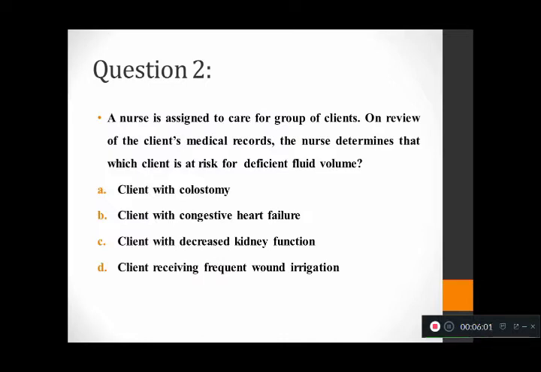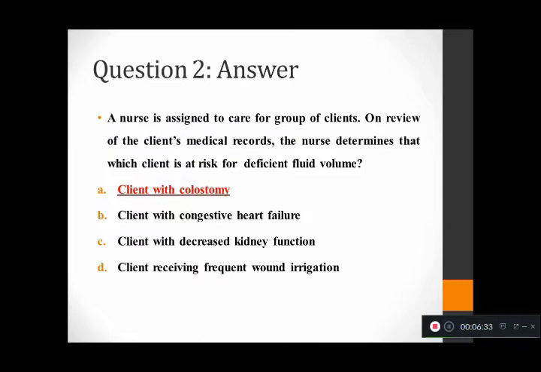You can see option B, option C, option D. The client with congestive cardiac failure, the client who has decreased kidney function, or the client who is receiving frequent wound irrigation are at risk for developing fluid volume excess. So by keeping these three in mind, we can select option A. Client with colostomy is the right answer for question number 2.